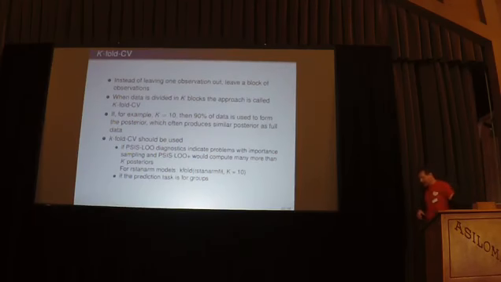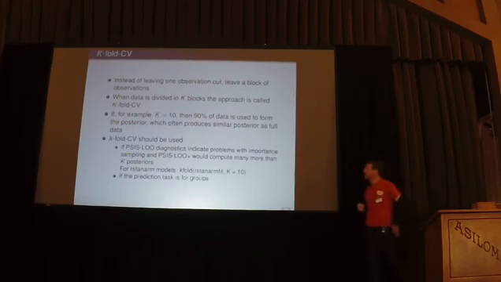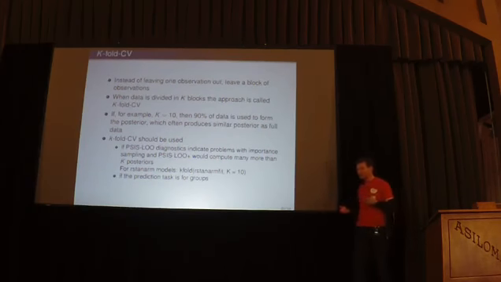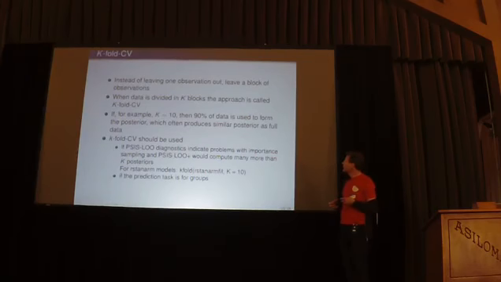Another option is that instead of leaving one observation out, we leave a block of observations out. When we divide the data into k blocks, it's called k-fold cross-validation. If we choose, for example, k equals 10, it means we need to do only 10 times the additional computation compared to our full posterior, and we are still using 90% of the data to fit each cross-validation posterior.